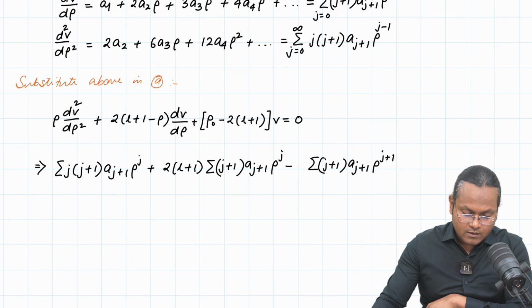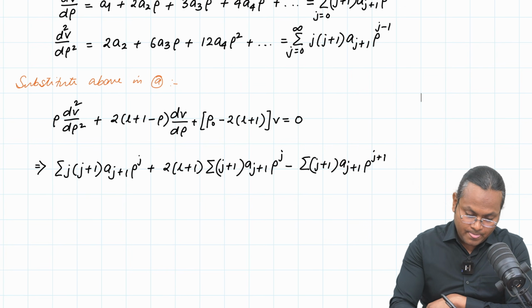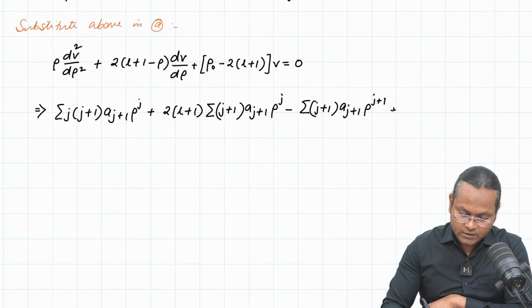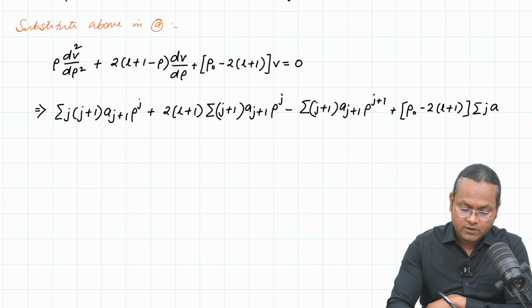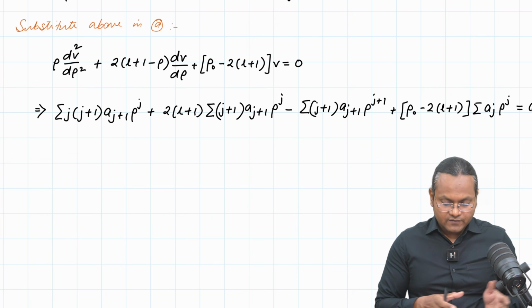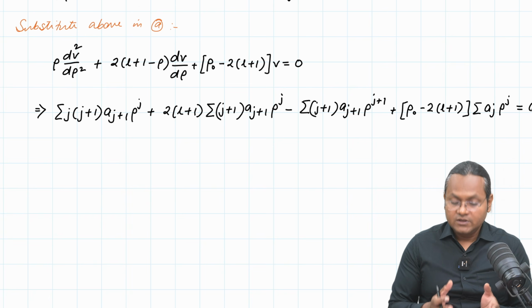Okay. And the last term is basically plus rho naught minus 2 L plus 1 times v, which is summation over j, a_j rho to the power j, is equal to 0. There you have it. So the differential equation in terms of the power series can be written in this manner.